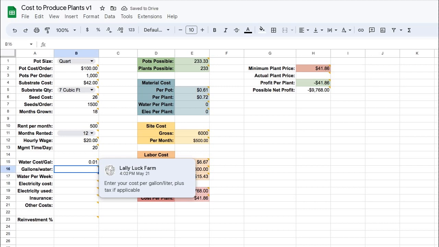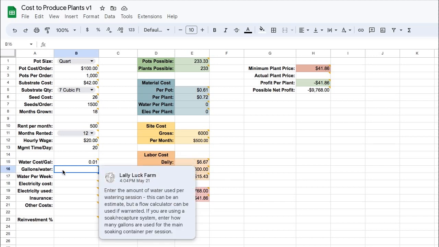And then how many gallons of water are you using per watering? This could be measured by timing the amount of time it takes to fill a 5-gallon bucket. You could do this with a spigot measuring device that hooks up between your hose and your spigot at your house or your apartment or your water tank. This could be if you're using something like our watering station.